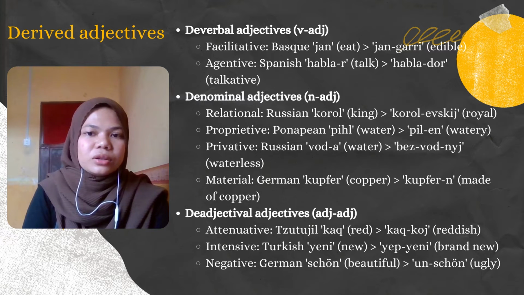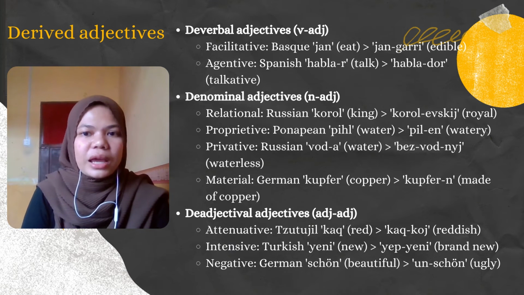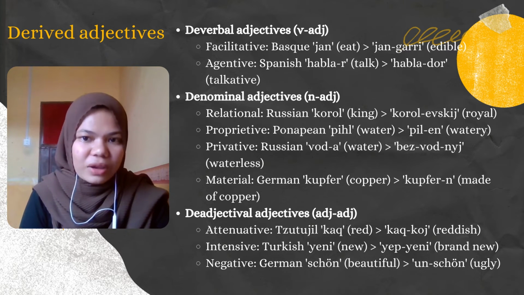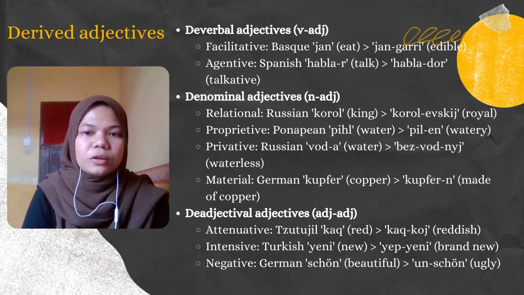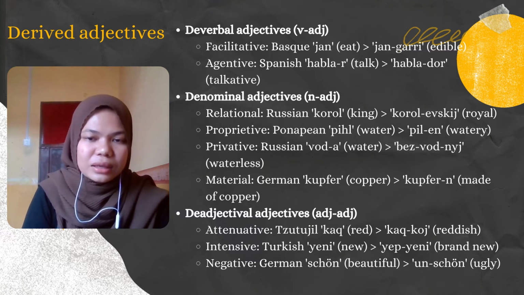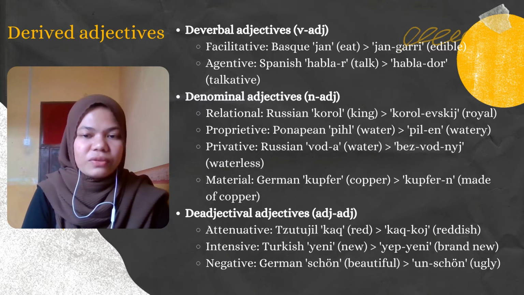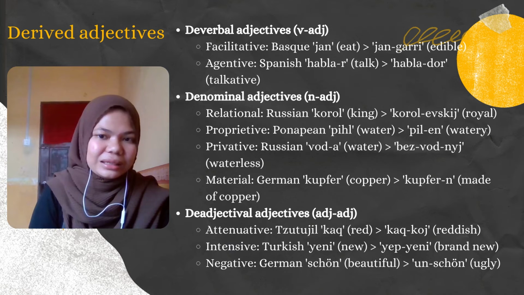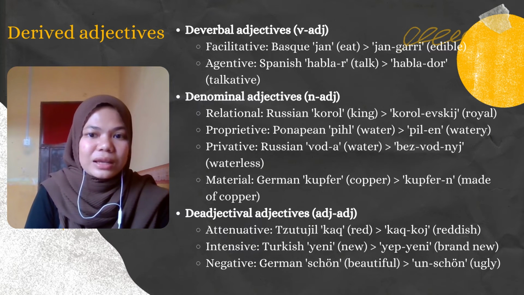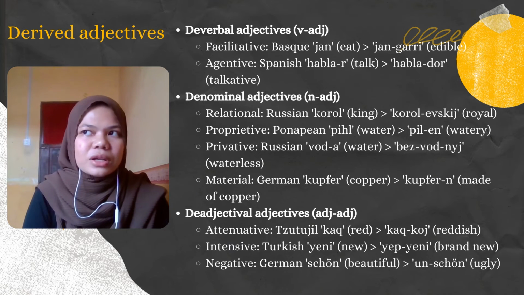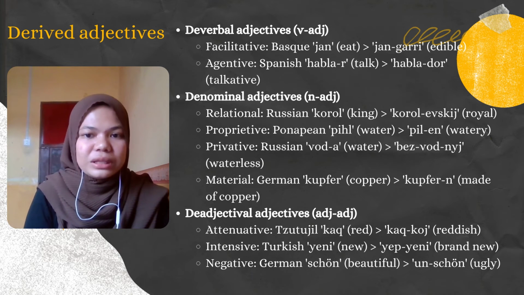The first one is relational adjectives, which is related to the noun. And then we have propriative adjectives, which means having the property of the noun. And then we have the privative adjectives, which means lacking the noun. And the last one is material adjectives, which means made of the noun.